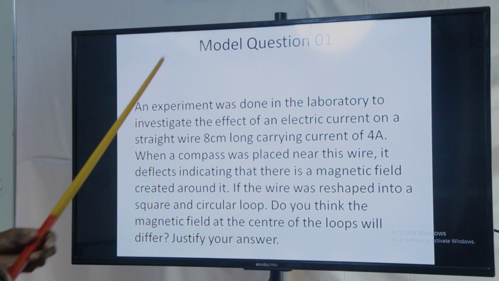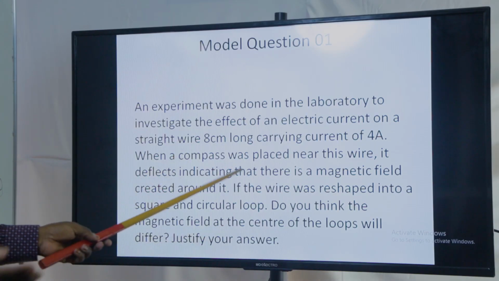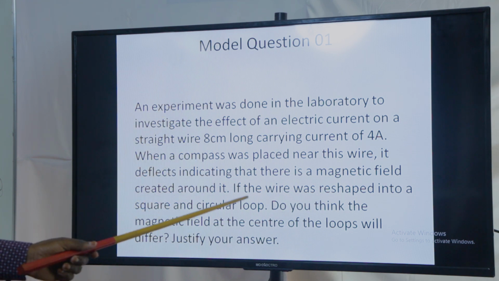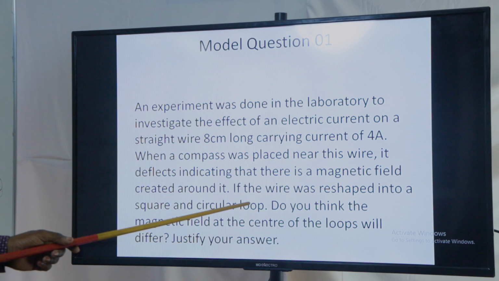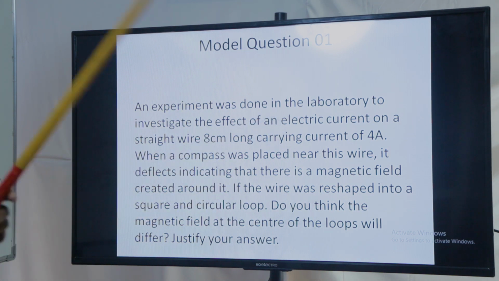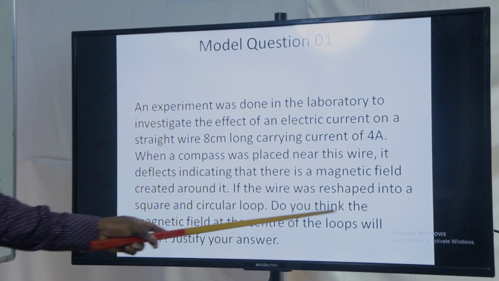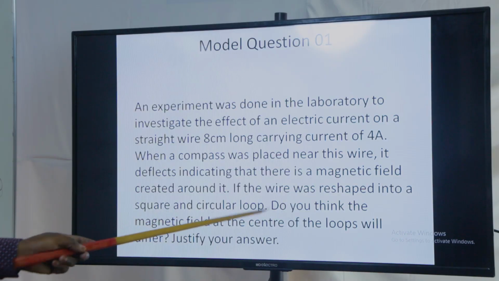Now the question is, they did the experiment. After this experiment, they discovered that there is a magnetic field around the wire. Now, they were interested to see the type of conductors we can form using that straight wire. The wire was reshaped into a circular loop and a square loop.